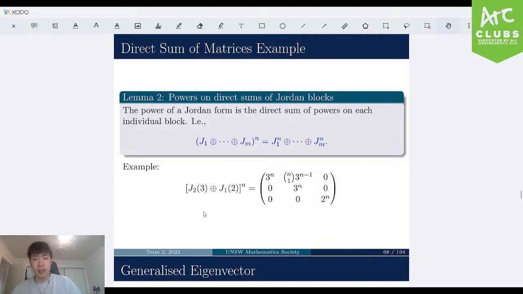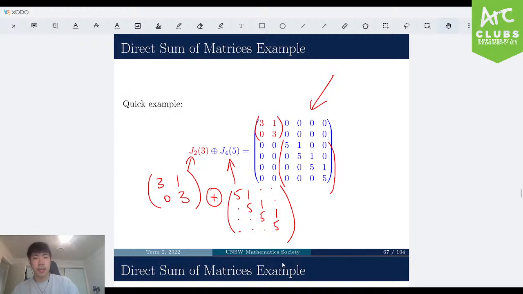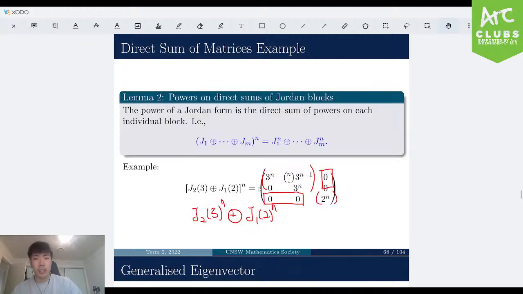It's just the same as raising this to the power of n, which is this part, direct sum with raising this to the power of n, which is just this part. And of course, again, pad out the columns and rows with zeros. Okay, so it's pretty much the same as this, except you raise each one of these Jordan blocks to the power of n first before you combine them together.